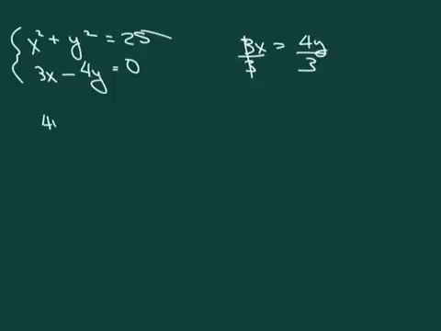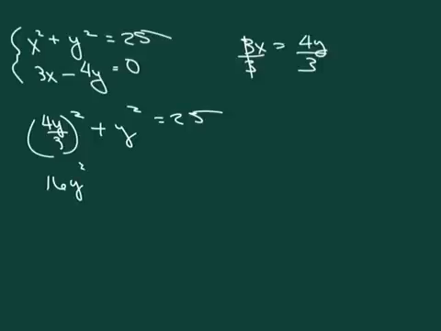So let's do that. 4y over 3 squared plus y squared equals 25. So notice we're just solving for y here. Okay, and we get something really nice like that.